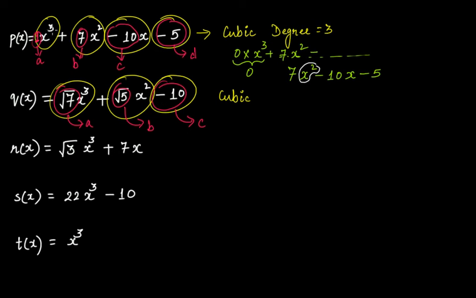You have cubed, squared, but the term with the power of x whose exponent is 1 is missing. So you have a, you have b, but c is missing here, and this last one is d.